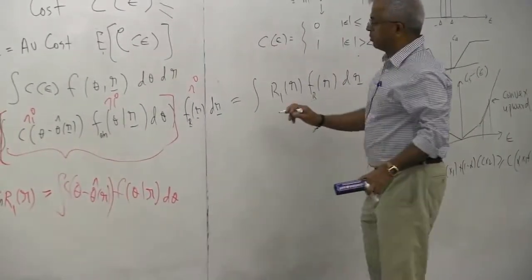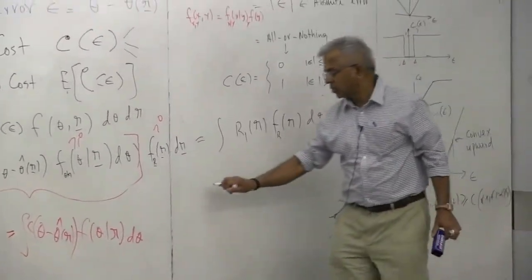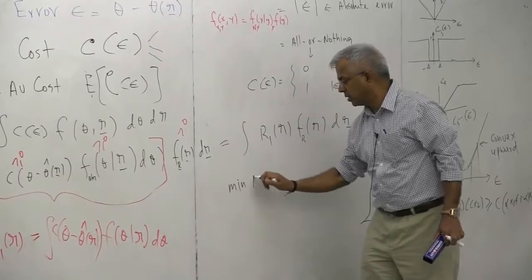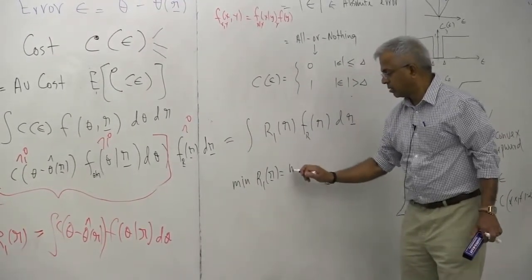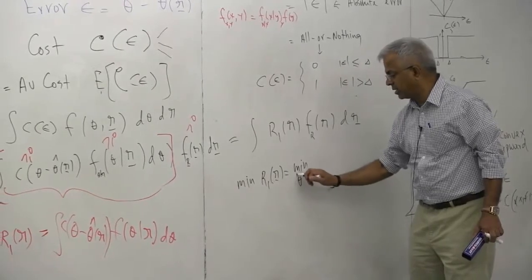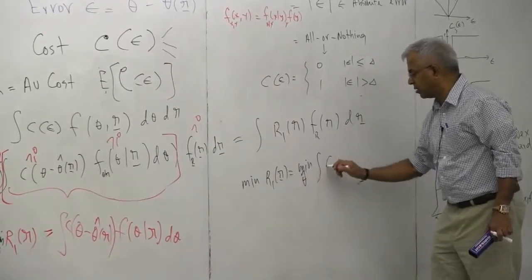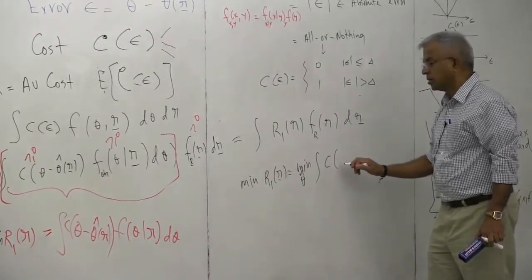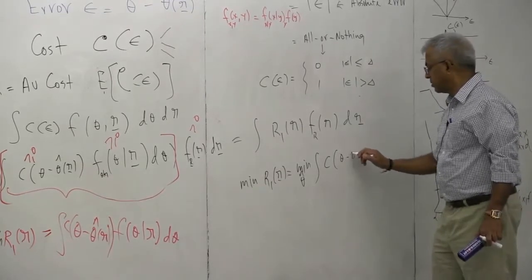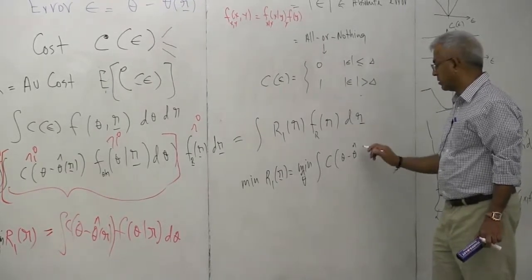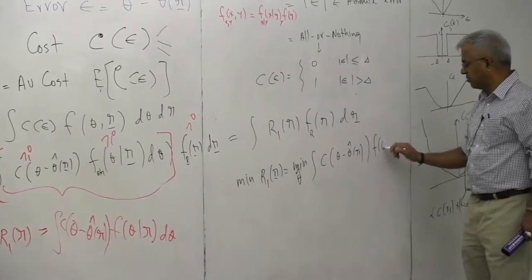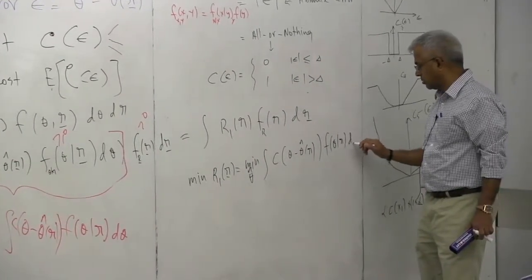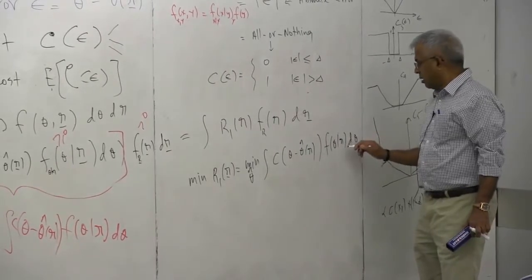So this philosophy goes for any cost function. So the problem is to minimize R1, which is a function of theta hat and R, that is the integral of C of theta minus theta hat of R multiplied by f of theta given R d theta.